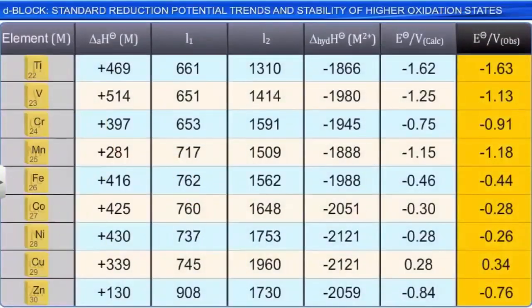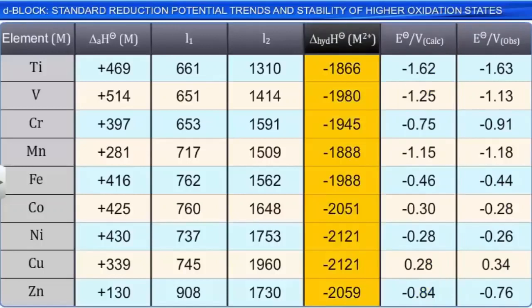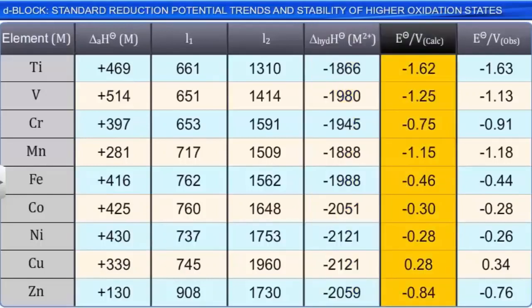The table here shows the observed and calculated values of the standard reduction potentials for the reduction of M2+ ions to their respective metals. It also shows the thermochemical data related to the transformation of the solid metal atoms to M2+ ions in solution. The calculated values of the potentials are those based on the standard enthalpies of formation of the +2 ions in an aqueous solution.